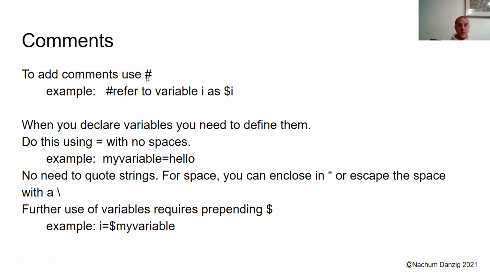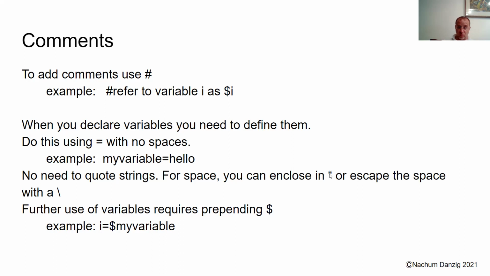You could add comments with the pound symbol. For example, pound, referred to variable I as $I. When you declare variables, you need to define them. Do this using the equals sign with no spaces. Very important, no spaces. Example, myvariable=hello. No need to quote strings. For a space, you can quote your strings.